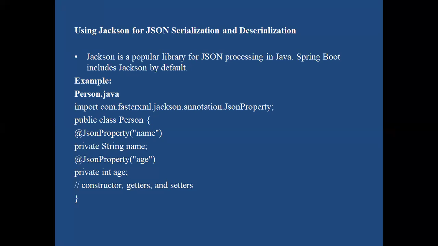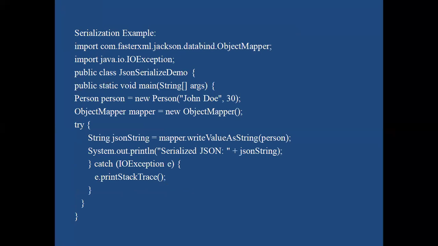Then String name is an attribute declared here. For that attribute, another name can be mentioned at JsonProperty. At JsonProperty, age is there, so private int age. Then finally, we give the getter and setter. For the Person class only, we are going to write the serialization and deserialization code.